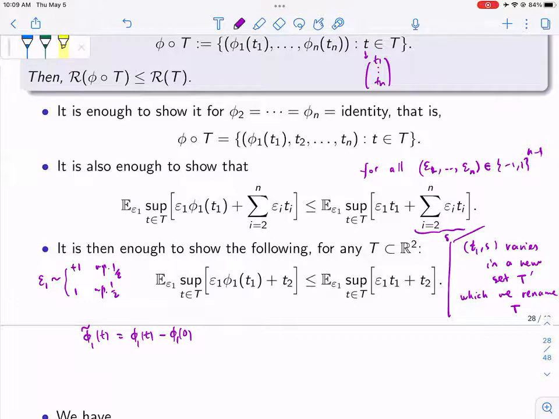It is, but 0 might not be in the set. It's fine, you can just center it around anything in the set. But why would that be helpful?